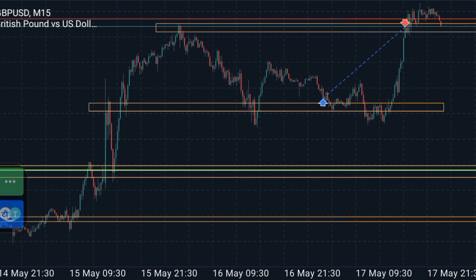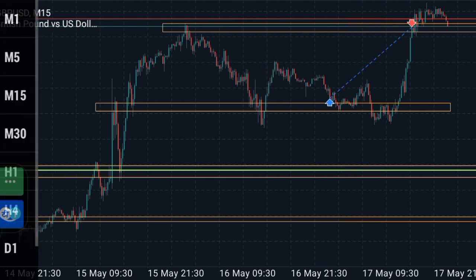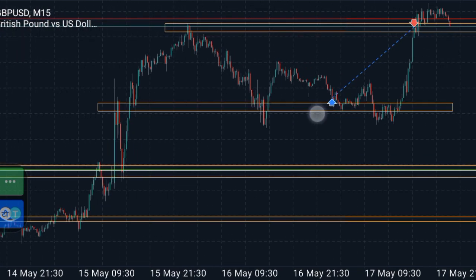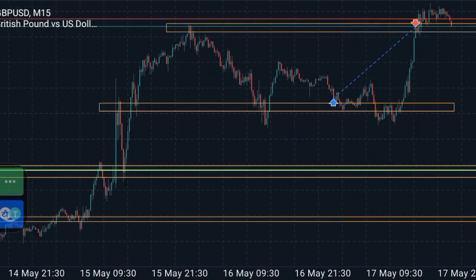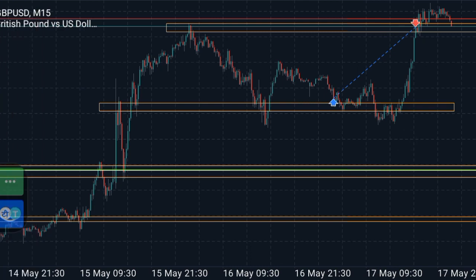After this high got broken, I set a buy limit here. When it came back, it triggered my buy limit. My stop loss was just below here, and my TP right there. So that is the trade recap for last week.